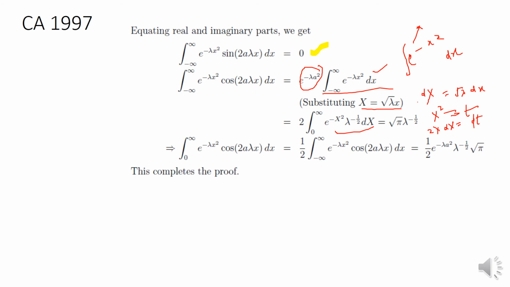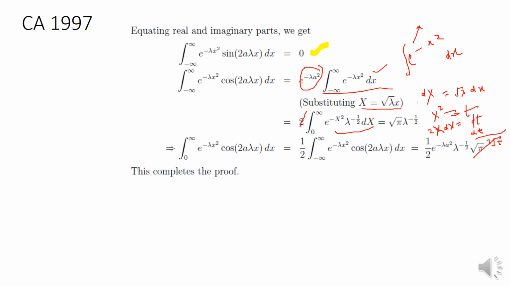And from here we get capital dX is equal to dt upon 2 into capital X, which can be written as dt upon 2 root t. This is the expression.